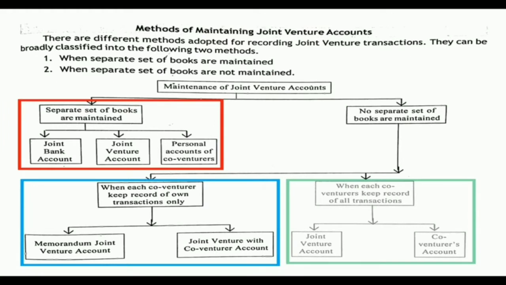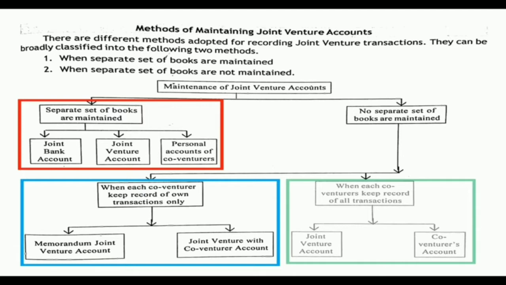In that case, we are supposed to prepare the joint venture account as well as the co-ventures' accounts. It is almost similar to the books maintained separately by the co-ventures, but the only difference is that under that situation we used to prepare the ledger accounts in the books of both the co-ventures. If there are two co-ventures, by keeping in mind those co-ventures, we prepare the ledger accounts.